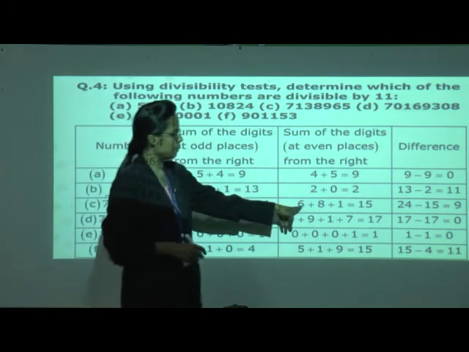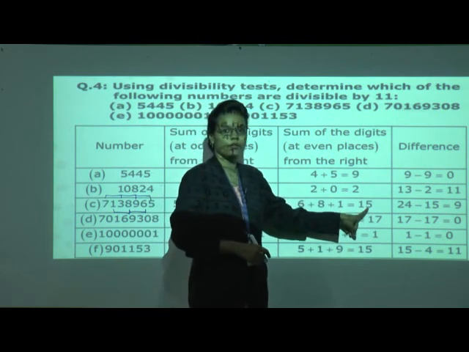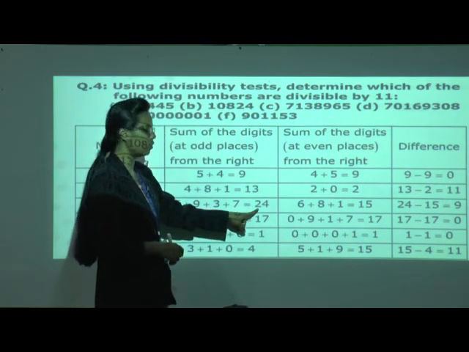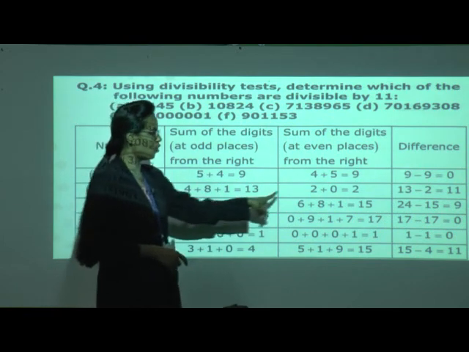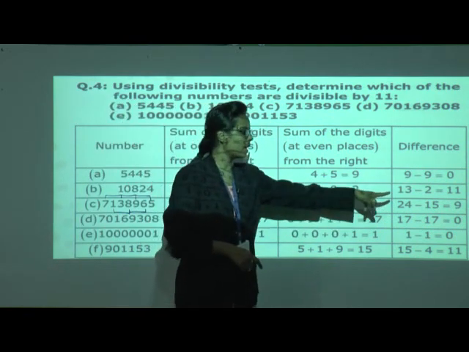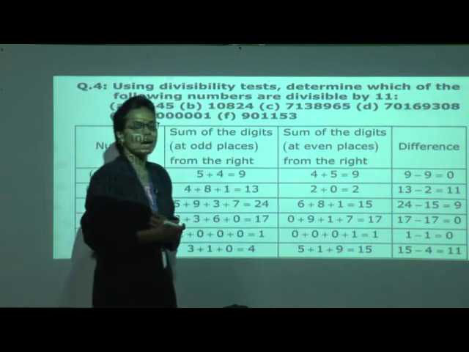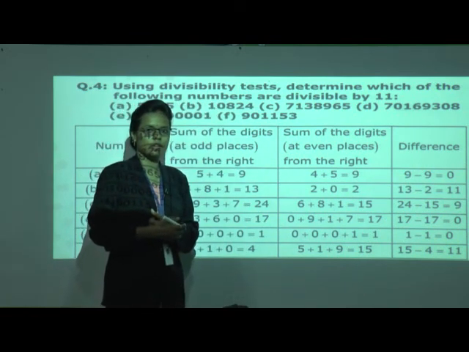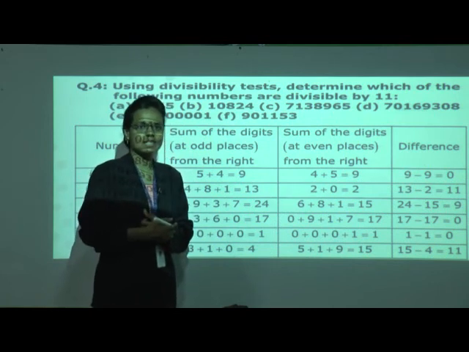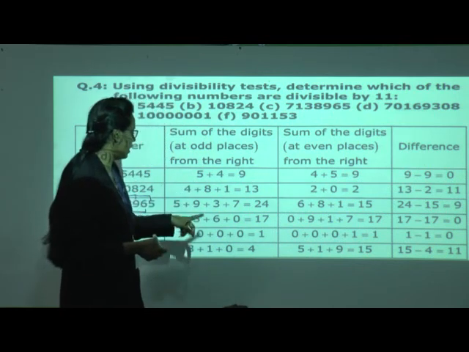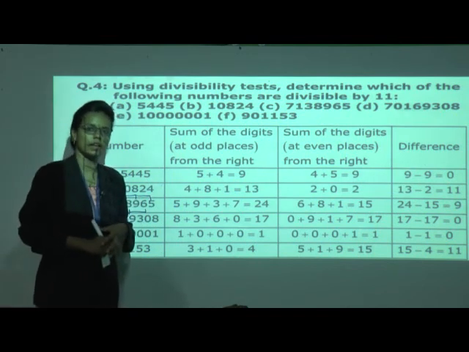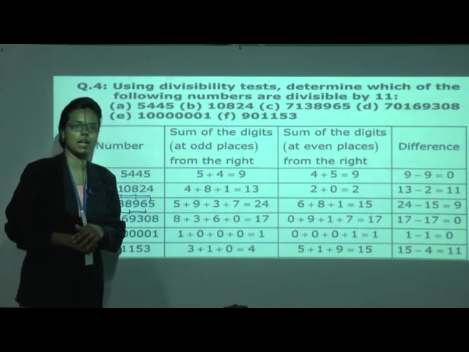So 6 plus 8 plus 1, we got 15. Now we find the difference: 24 minus 15 is 9. Is 9 divisible by 11? No, 9 is not divisible by 11. So the number is not divisible by 11.